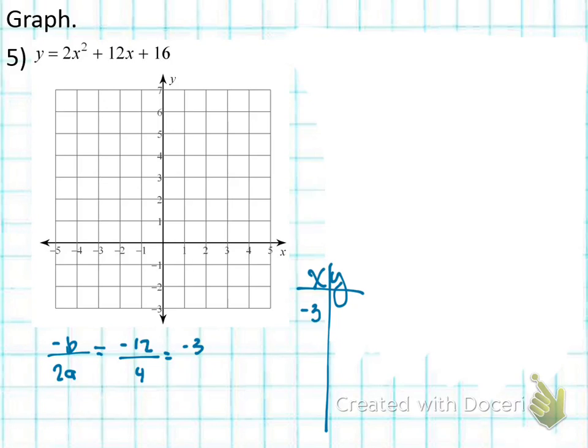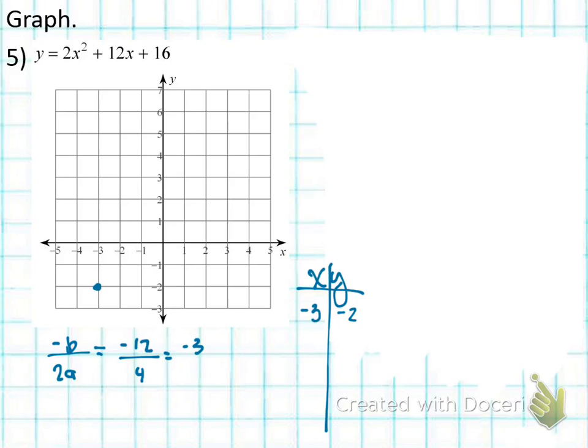If I put negative 3 in, what should my output be, my y? Almost. Let's see what we got. Negative 2. Good. Okay, so if I have negative 2 there, we're going to go to negative 3, down 2, right?